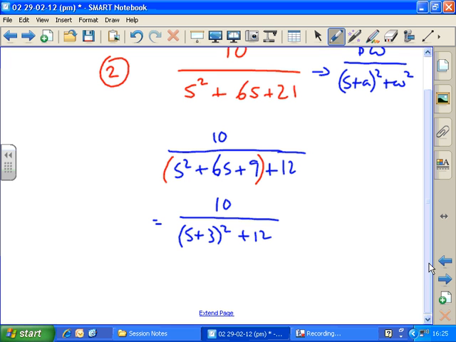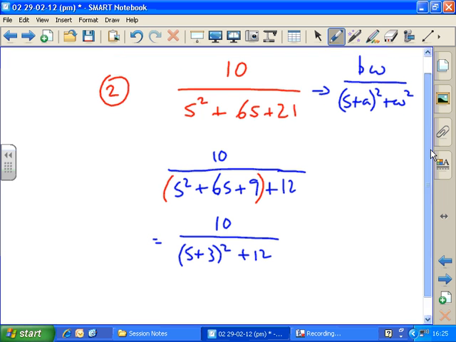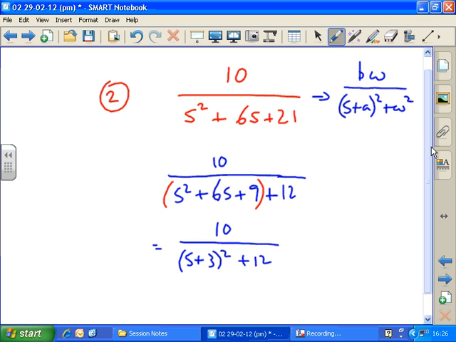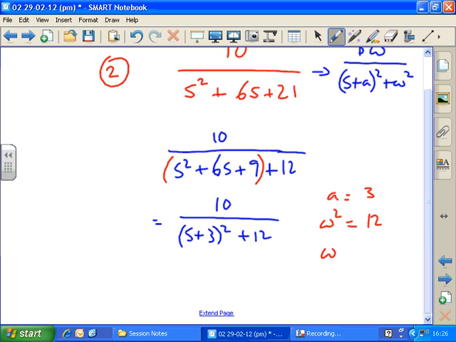S plus 3 all squared. That means we can immediately write down, using this form, that A equals 3 and omega squared is 12. So that means that omega must equal the square root of 12, whatever that is. You don't need to calculate it at this stage.